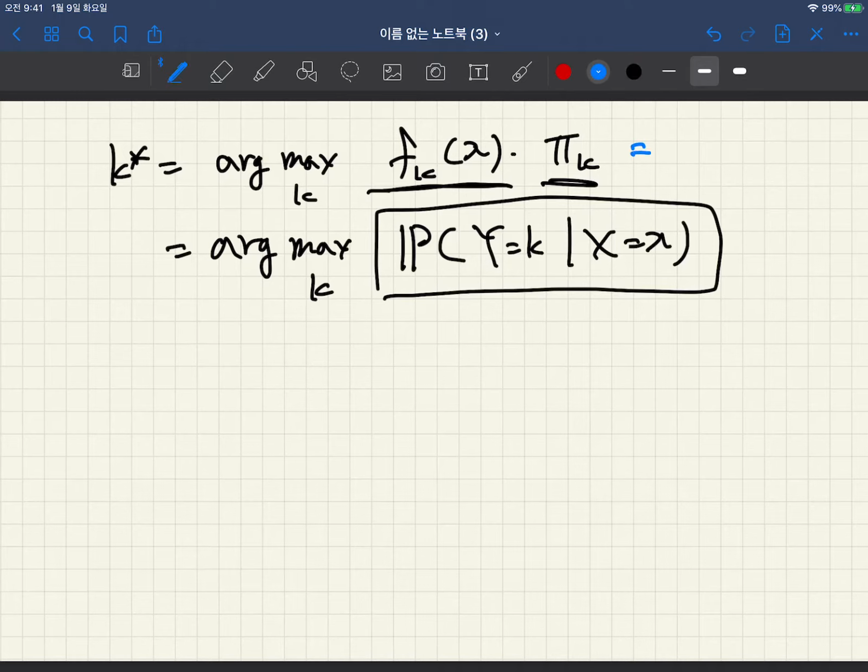One example of this approach is LDA in our textbook. LDA has an important assumption.